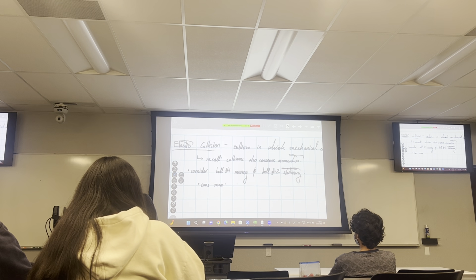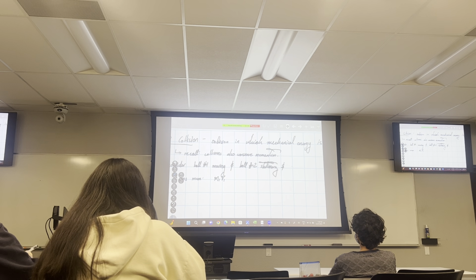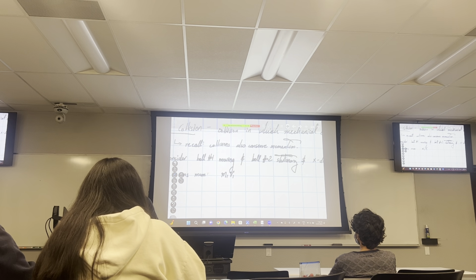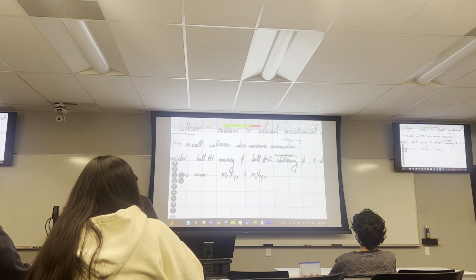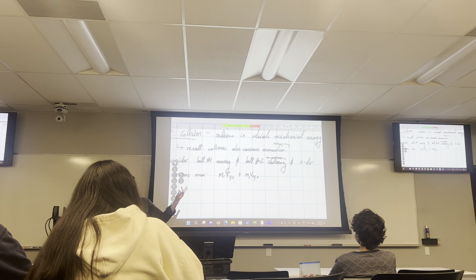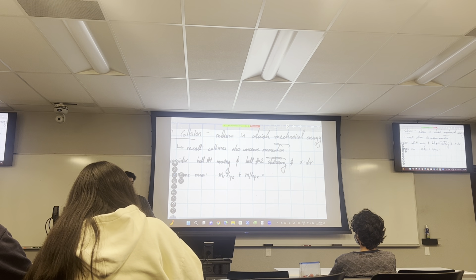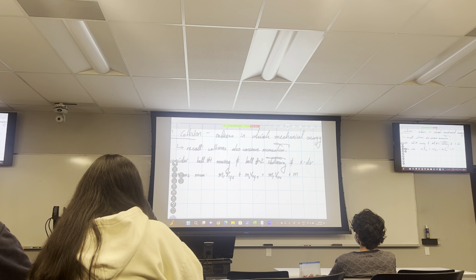Conservation of momentum would look something like the following. Let's just consider the x direction for simplicity. Conservation of momentum will tell us m1 v1f in the x direction plus m2 v2f in the x direction. That's just the momentum of the first object plus the momentum of the second. This is going to equal the initial momentums, which is m1 v1 naught x plus m2 v2 naught x.